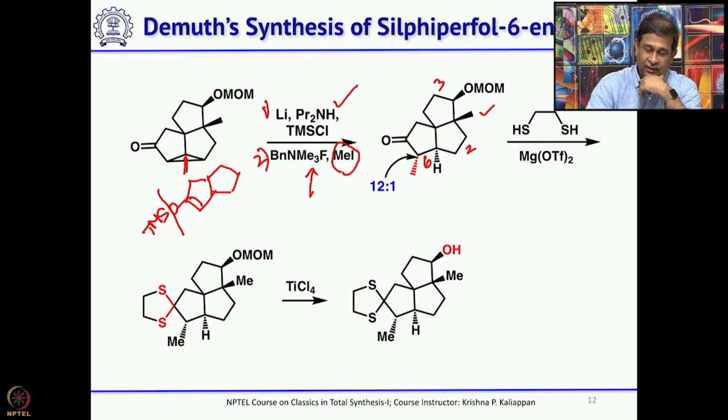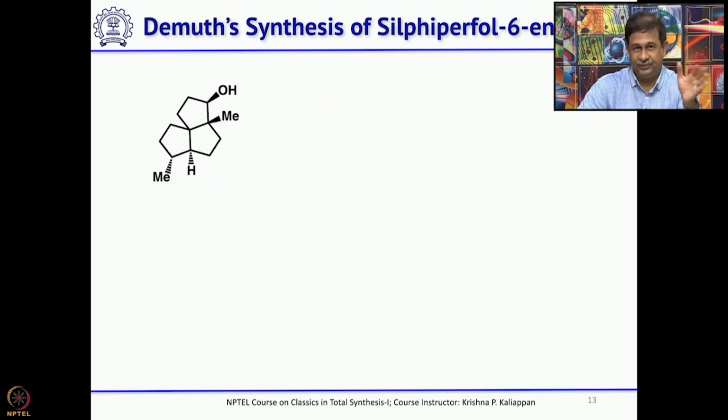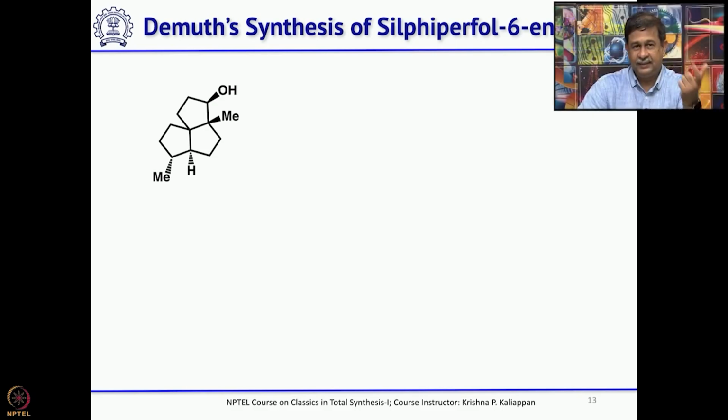At this point, you can remove the dithiane using a combination of titanium tetrachloride, Lewis acid, and a reducing agent. So, they used titanium tetrachloride and lithium aluminum hydride to get the corresponding CH2. So, the deoxygenation of the carbonyl group was done in 2 steps. First, you protect as the dithiane, then remove that with titanium tetrachloride and LiAlH4.